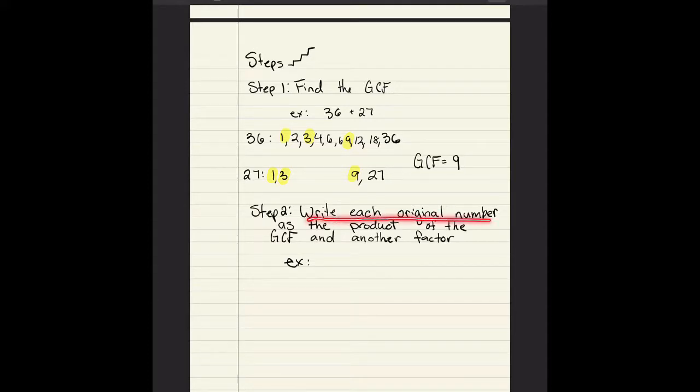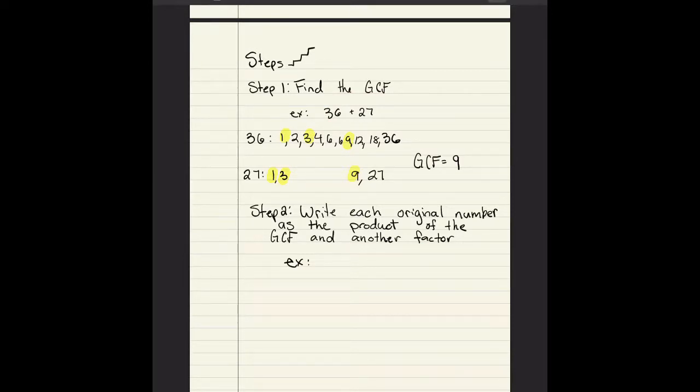Write each original number. Our original numbers are 36 and 27. So we're writing 36 and 27 as the product. Product is with multiplication, right? So 36 and 27 are going to be our products of the GCF and another factor.